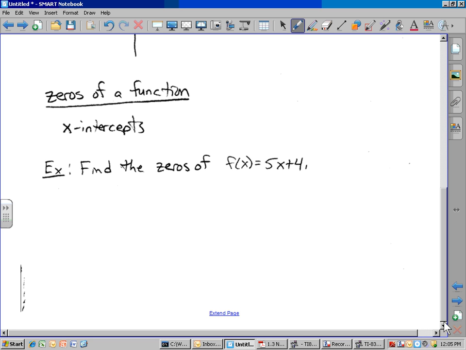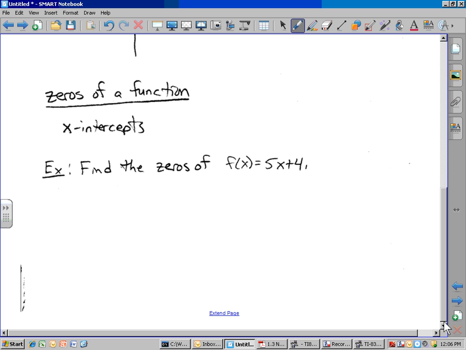So here's an example. Find the zeros of the function f of x equal to 5x plus 4. We need to find the x-intercepts, right? How do you find an x-intercept again? Set y equal to 0. I don't see a y.